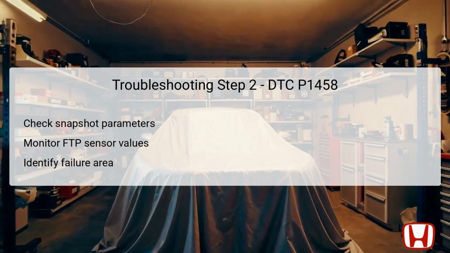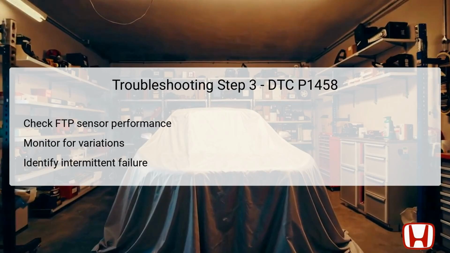The difference between these values is key. It should be about 0.67 kPa or less. If the difference exceeds this threshold, further investigation is warranted into other potential failure areas. This step is vital as it helps pinpoint whether the issue lies solely with the FTP sensor or is indicative of broader EVAP system malfunctions.